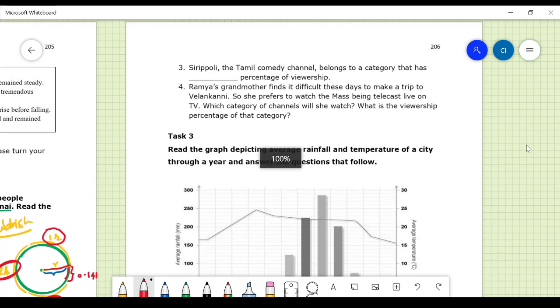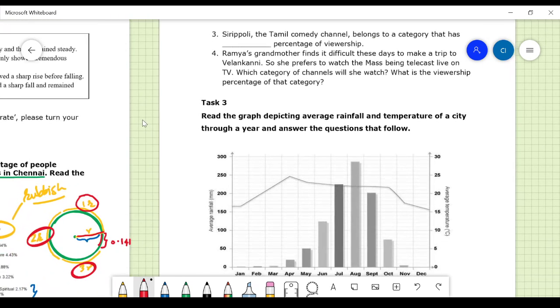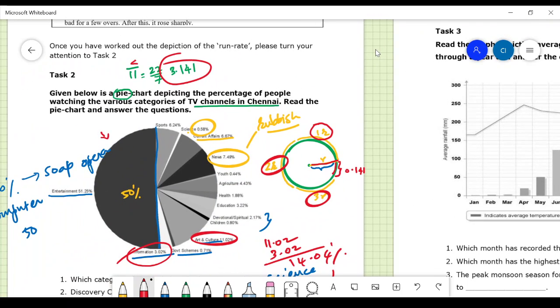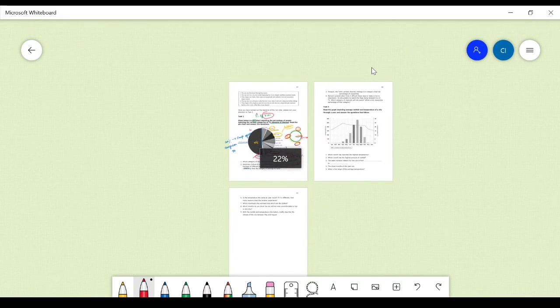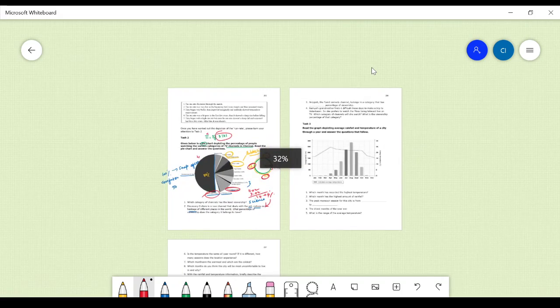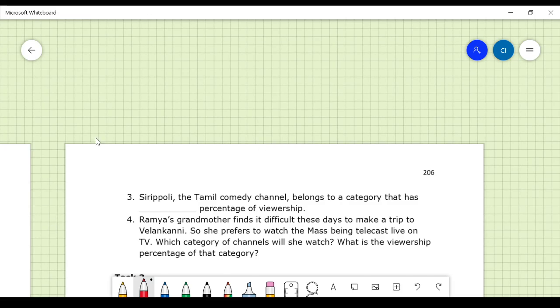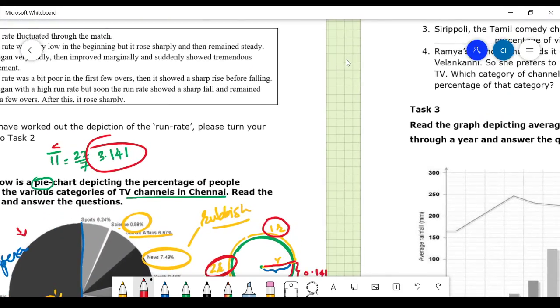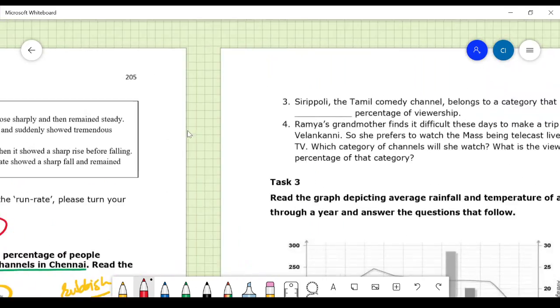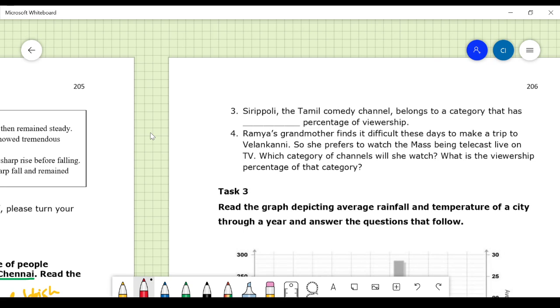Siripoli is a Tamil comedy channel. Which category does it belong to, and what is the percentage of viewers? Siripoli is about entertainment only, I think. It doesn't tell you about laughter, comedy, nothing like that. Okay, so Siripoli is exclusively entertainment, so it comes to about 51.25% of viewership there.